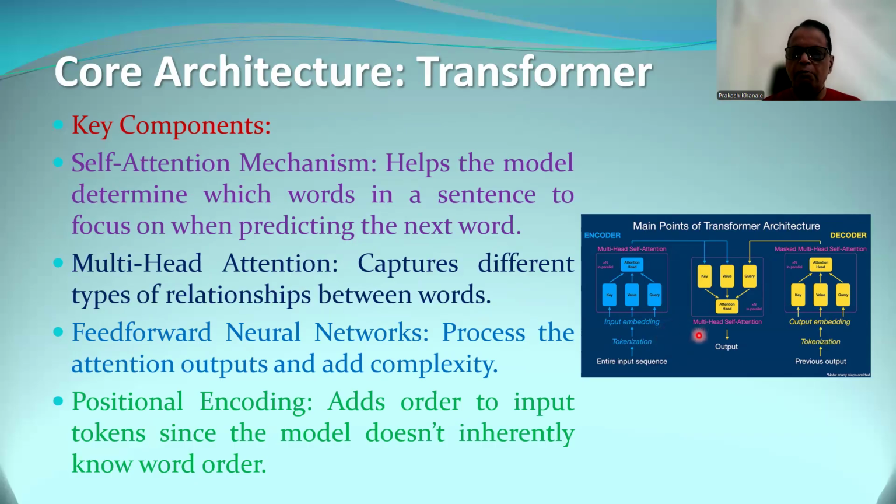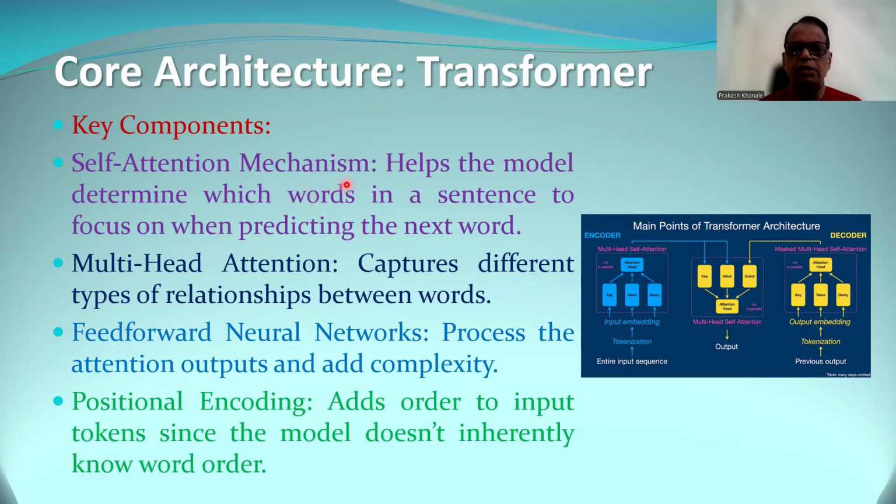Then we have a multi-head self-attention mechanism where the output can be generated. It also has a decoder where the previous output is tokenized, and then again fed to the decoder. The output of the decoder is also connected to the multi-head self-attention. So there is a self-attention mechanism.